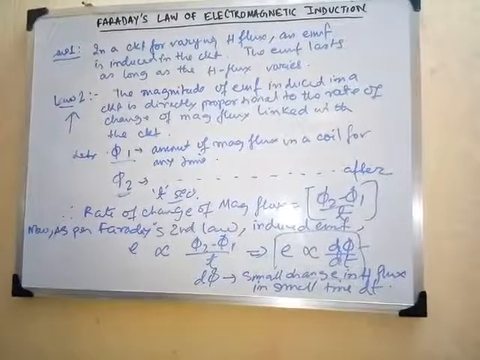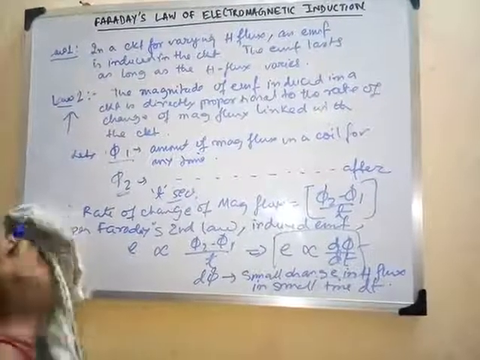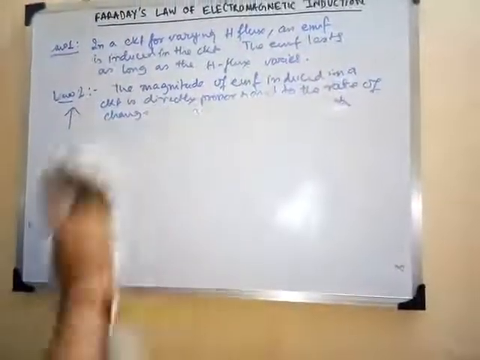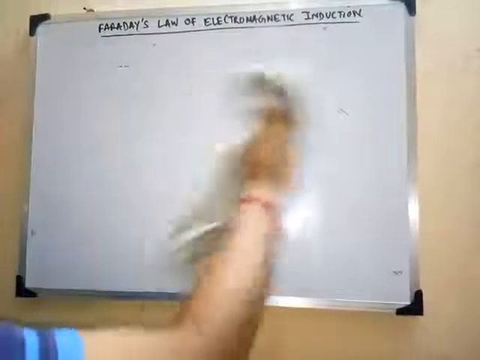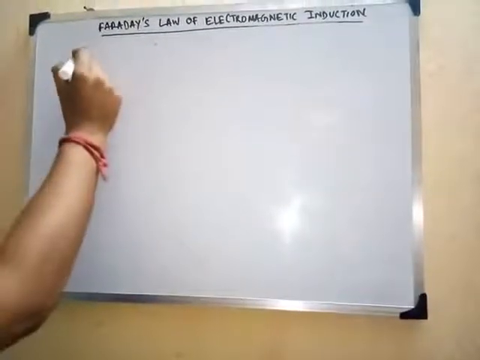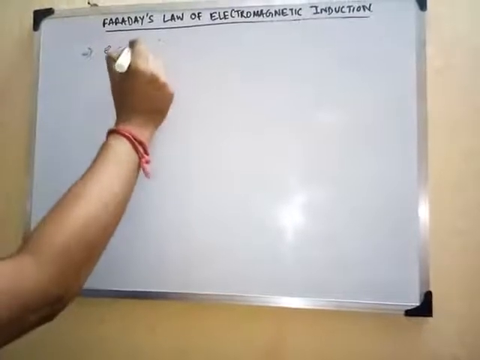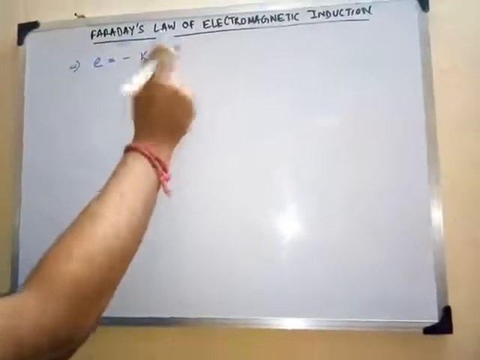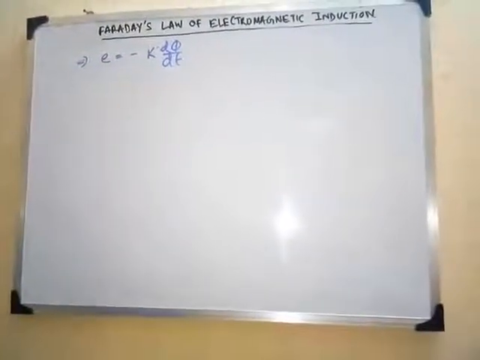Now from here, you can go back and check the previous part also. So from here we can write that E will be equal to minus k d phi by dt, where k is a proportionality constant, right?